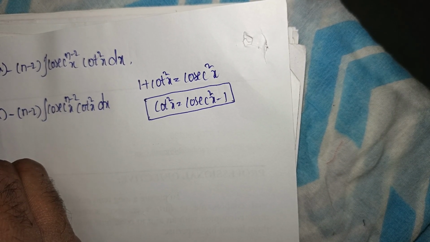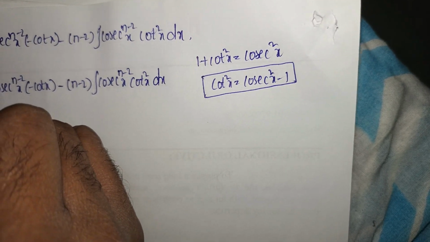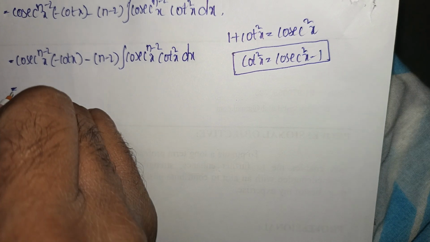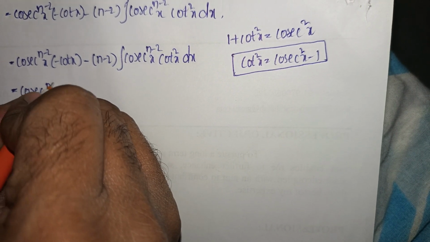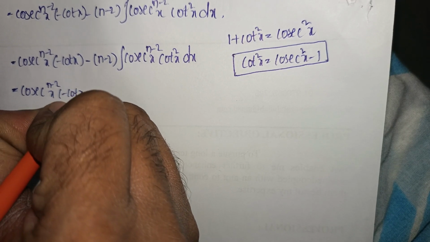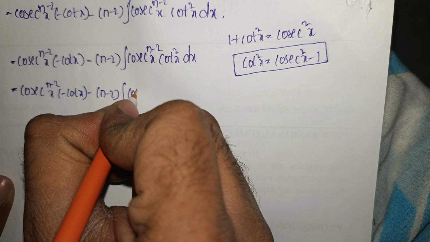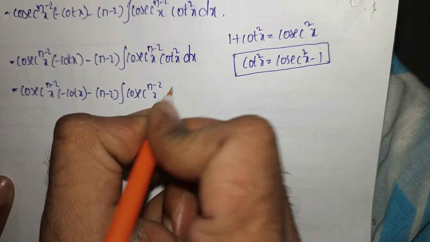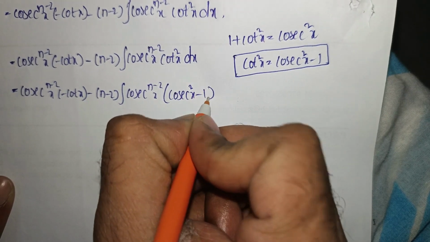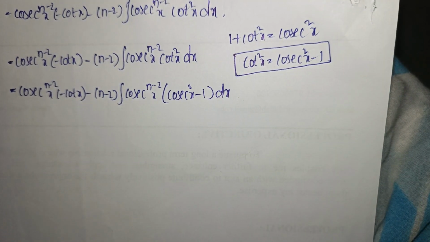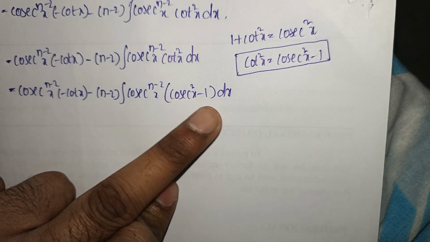So I'm doing that in the next step. Here it is, we continue the step. Cosecant n minus 2 x minus cot x minus of n minus 2 cosecant n minus 2 x in the brackets cosecant square x minus 1 dx. So I have replaced cot square x with cosecant square x minus 1.